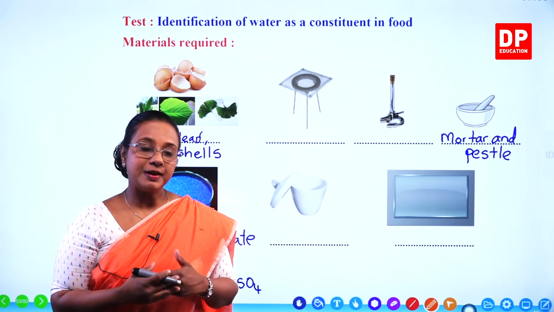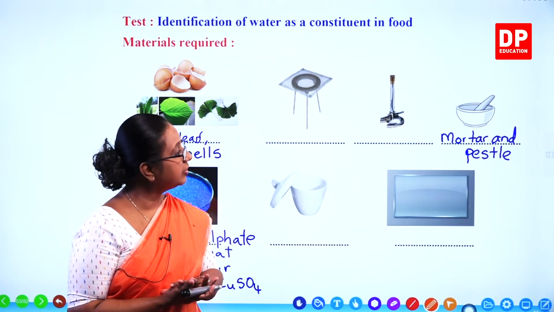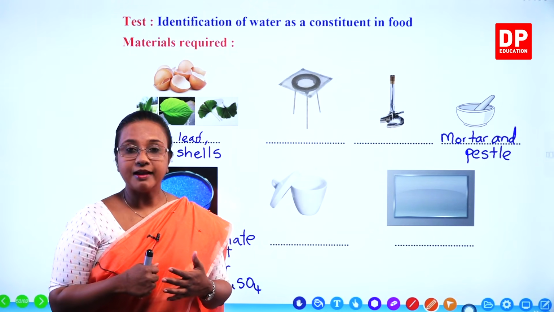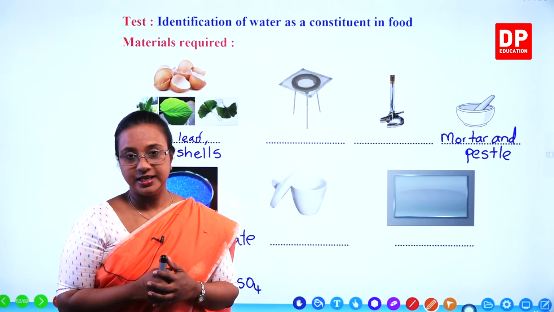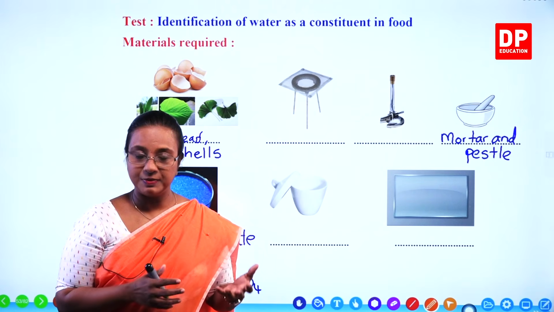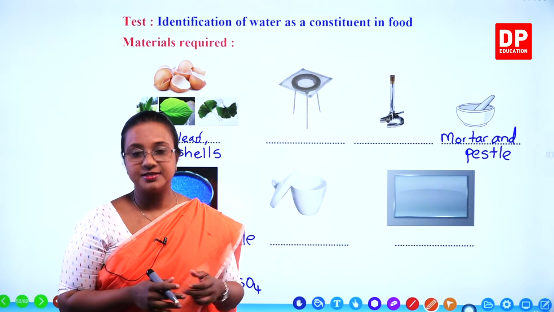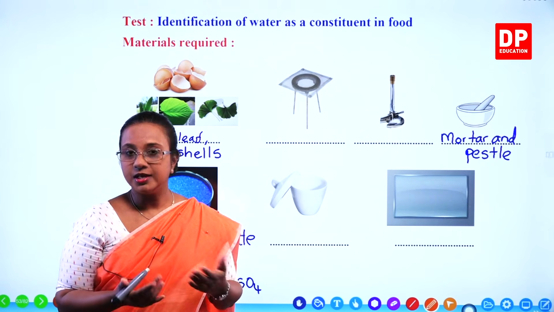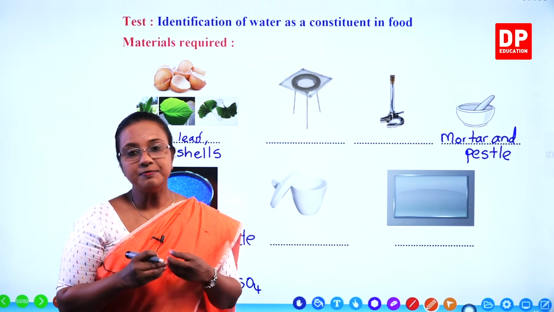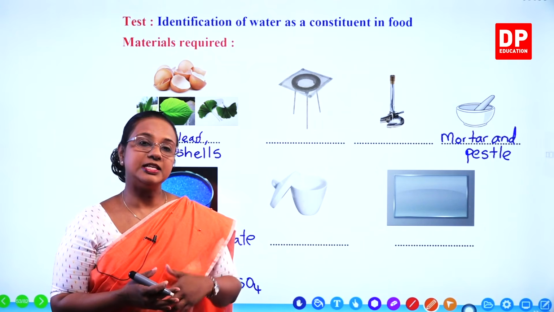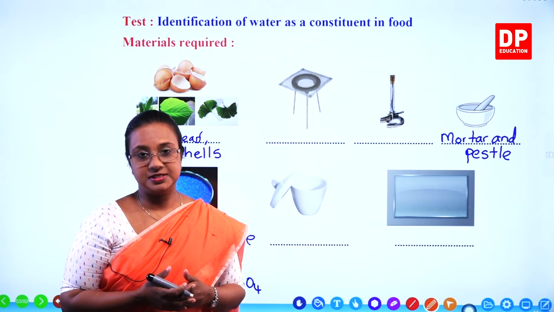So, we take the plant leaves, take it into the mortar and the pestle, and using the pestle, we grind it into tiny parts, small particles. It doesn't have to be really powdery, but small parts. If you can easily tear the leaf into pieces also, that should be okay. You can make it into very tiny pieces so that it will be easy to heat the substance.